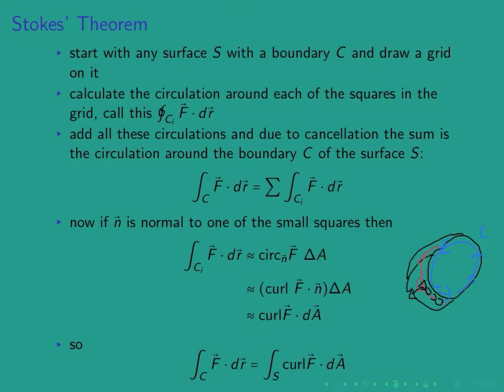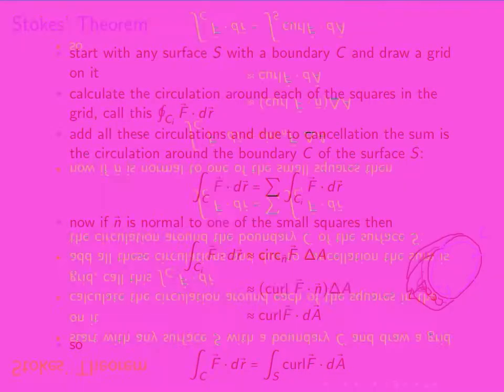And then the connection between the circulation and the curl that I put on the first slide says that this circulation is equal to the curl of F, that's a vector, remember, dotted with the normal vector to the little square, n, times delta A. Now what's going to turn out to be important for us throughout these examples to come is that n times delta A is then a vector.